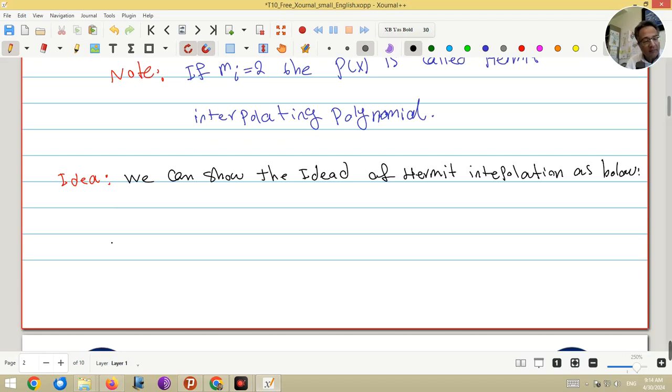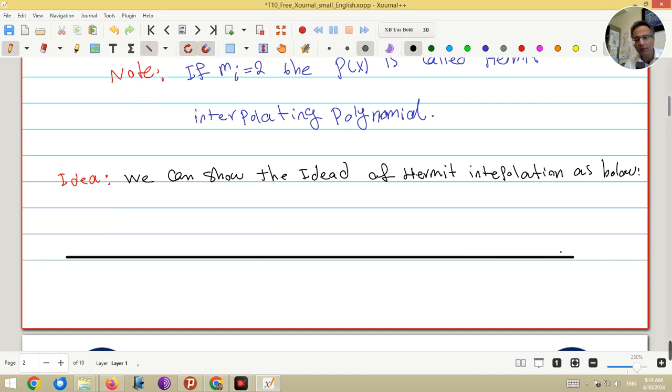Let we have, for example, some nodal points. Okay, let me consider a line like this, and let me consider some points on it.